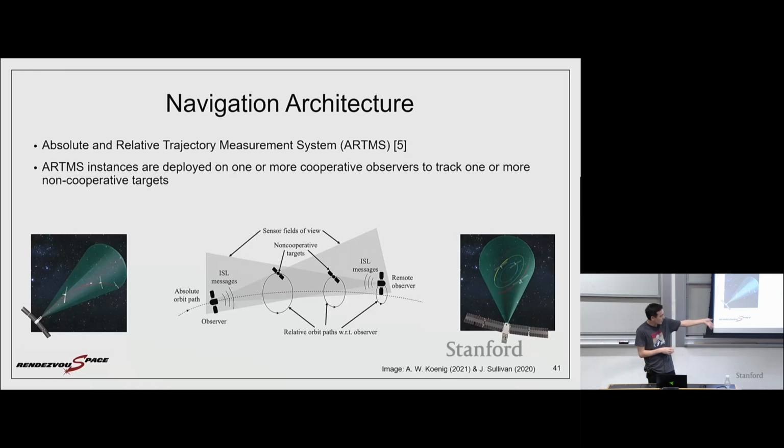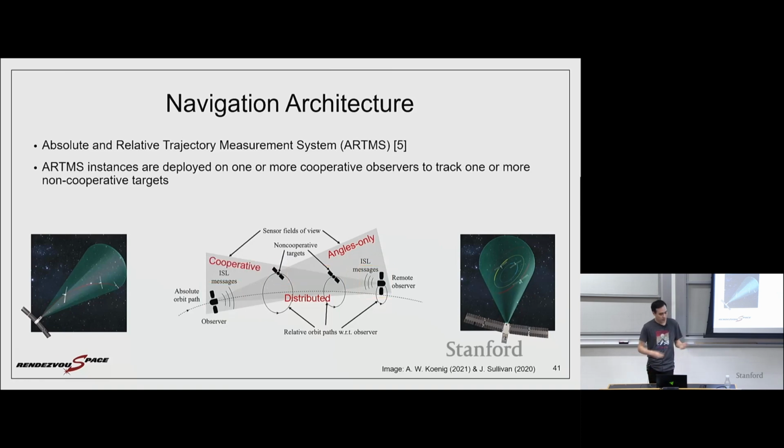A nominal Artemis system consisting of 4 spacecraft is shown on the bottom here, where key features are that it is angles only, so it uses the cameras on board each spacecraft, in this case star trackers, to image other swarm members. The idea is that it's distributed, so different spacecraft in the swarm might be estimating a different subset of the complete swarm state.